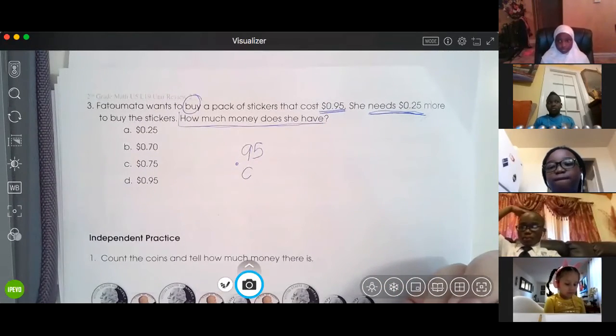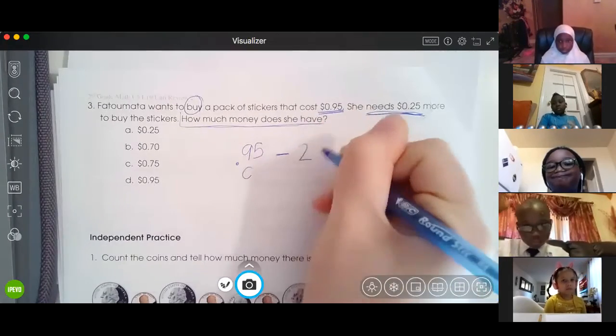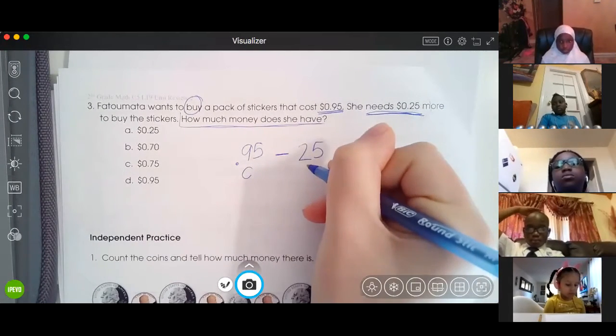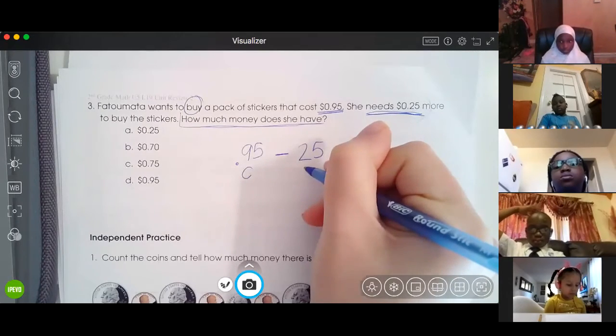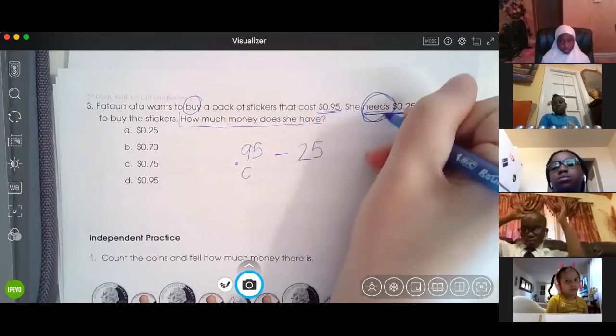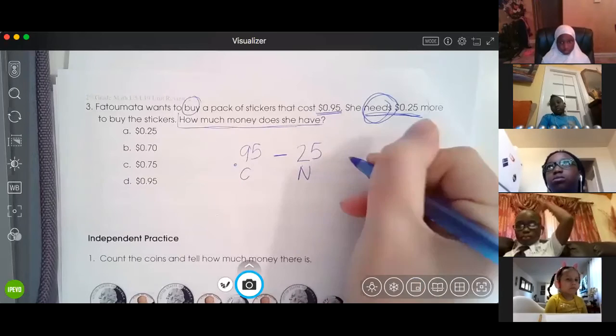And then you'll put minus 25, and you'll label the 25 H for has. Is it what she has? Go back to the question. I see needs. Great. N for needs.